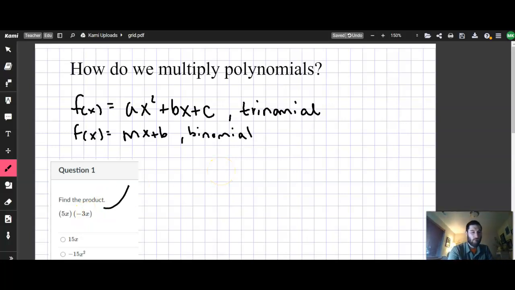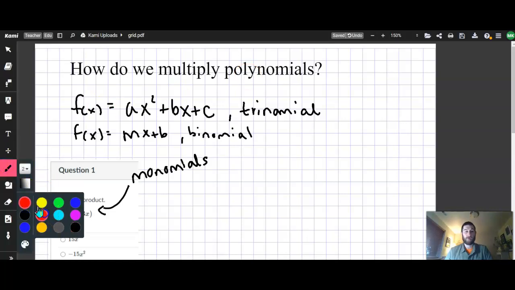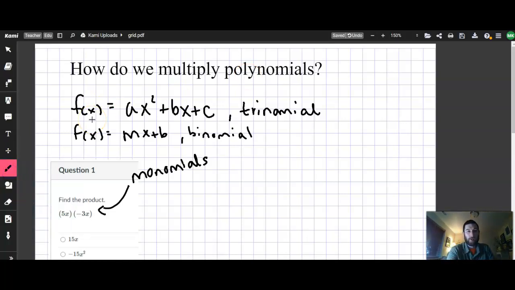Why? Because that prefix means 1. And so we have a monomial multiplied by a monomial and a polynomial. To come back to that word here, the poly just means many or number.